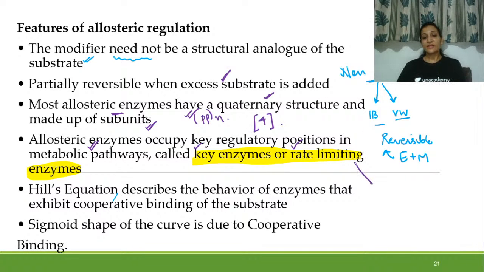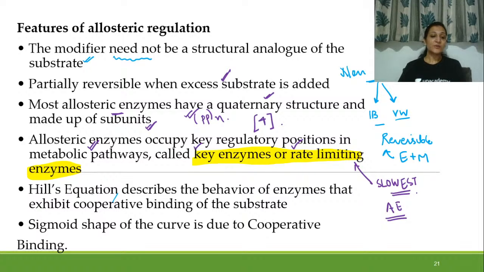Those enzymatic reactions which are slowest are called rate limiting enzymatic reactions, and these rate limiting enzyme reactions are catalyzed by allosteric enzymes. Most of the time they are allosteric in nature, and thus they play a very important role in metabolic pathways.